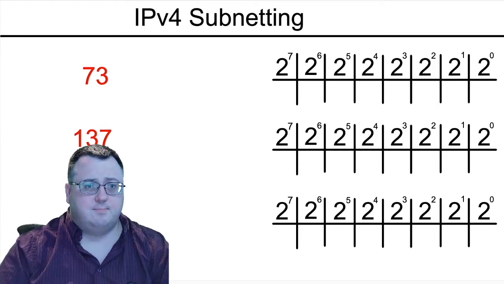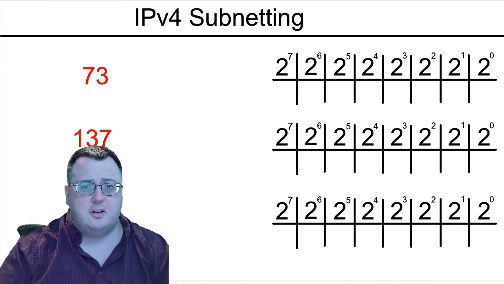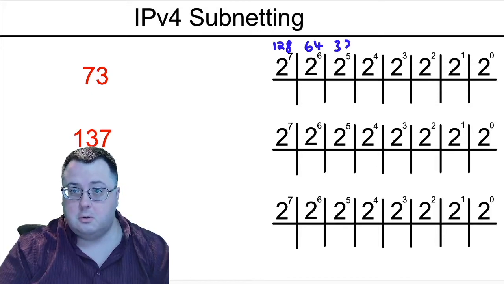So, a quick reminder, if you're struggling with this, 2 to the 7 is 128, 2 to the 6 is 64, 2 to the 5 is 32, 2 to the 4 is 16, 2 to the 3 is 8, 2 to the 2 is 4, 2 to the 1 is 2, and 2 to the 0 is 1.